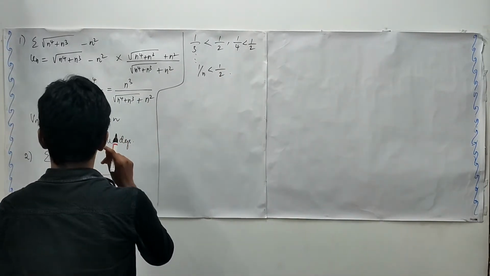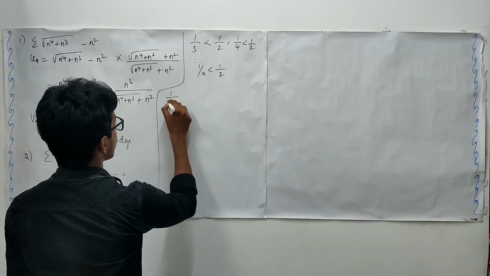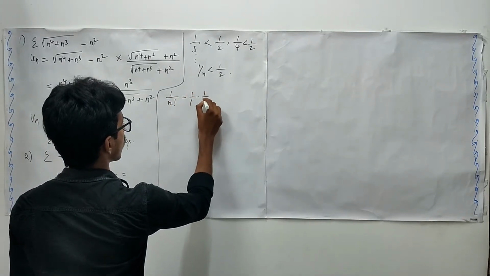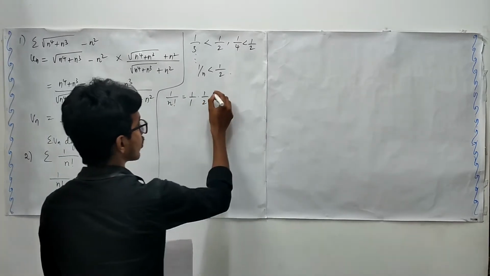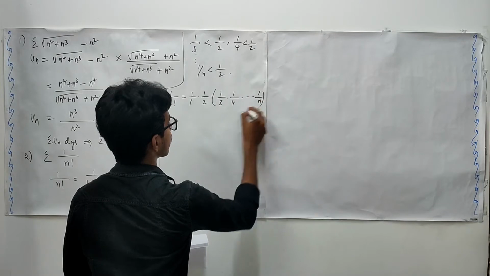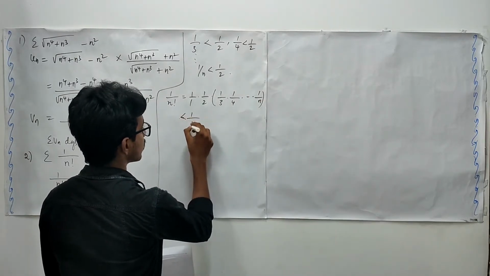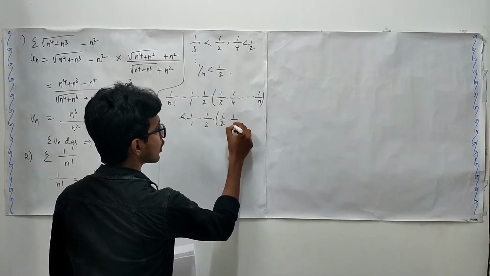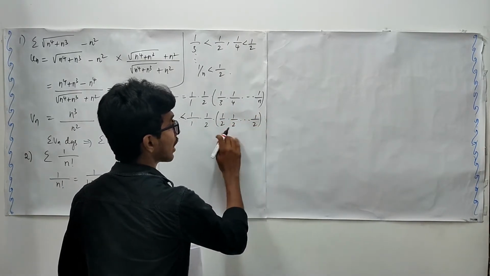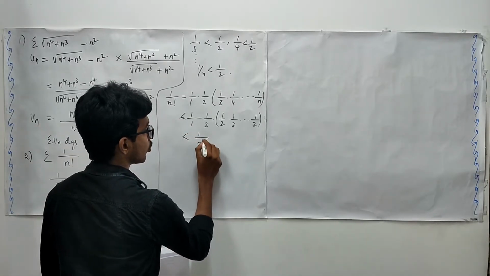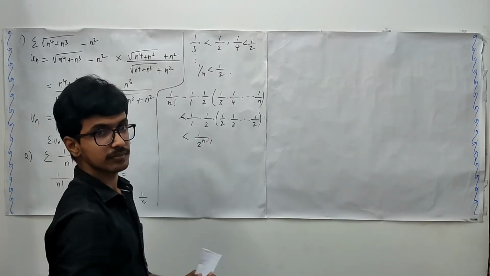Now your 1 upon n factorial has 1 upon 1, 1 upon 2, and for the other terms you have these comparisons. So let us substitute it here. It is 1 upon 2, 1 upon 2, for n minus 2 times. Including this, you have 1 upon 2 power n minus 1.